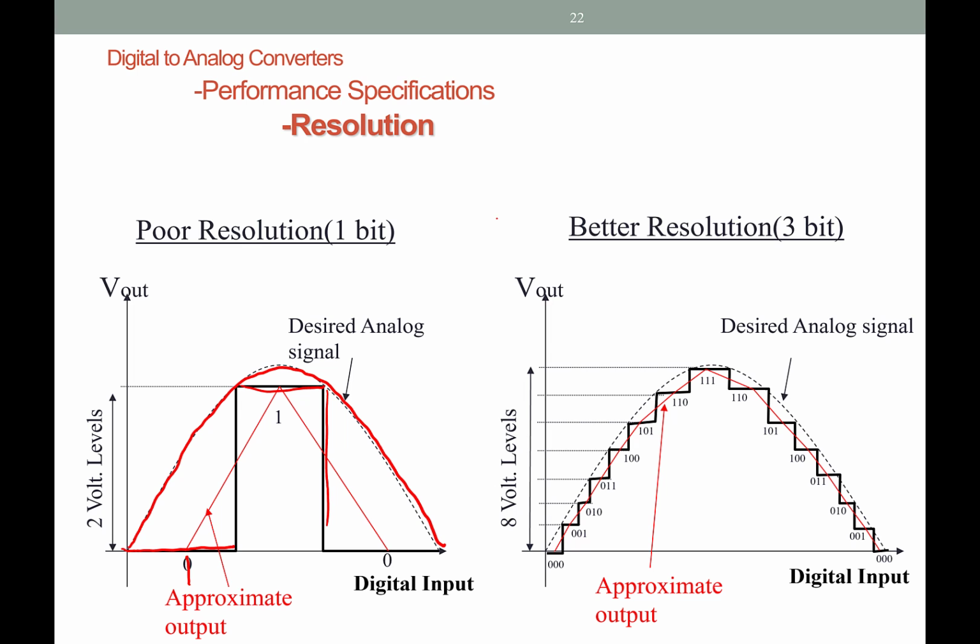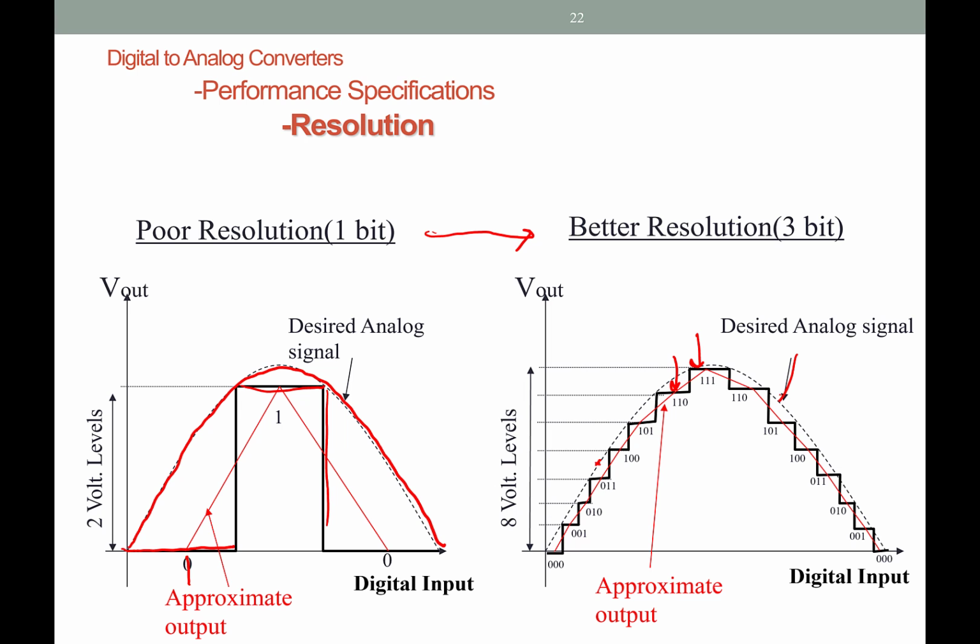On the other hand, if we have better resolution, so a 3-bit number gives us 8 variations, you can see that while this sinusoid may again be the dashed line here, if we break that up into 8 different levels that are equally spaced apart, this black line here still doesn't look exactly like a sinusoid.